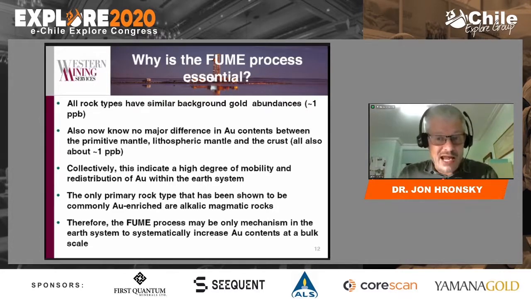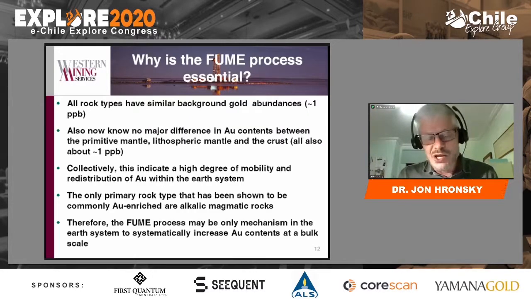And we're starting to get some reasonable data on this now, and we can draw some first order observations, first order conclusions. So first of all, we see that pretty much all crustal rock types have similar background gold abundances, with the exception of these alkalic magmas we spoke about, of about 1 ppb.